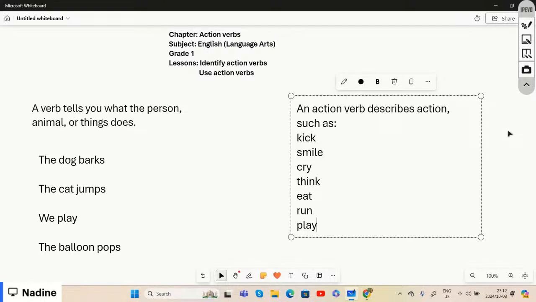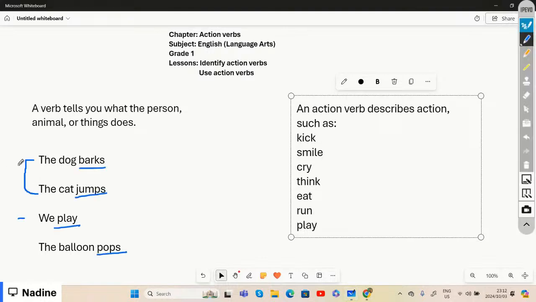All right. And then here we see that we have examples of action verbs, and we said barks is an action verb. What is the dog doing? The dog barks. That is the action that the dog does. What is the cat doing? The cat jumps when the cat saw the mouse.